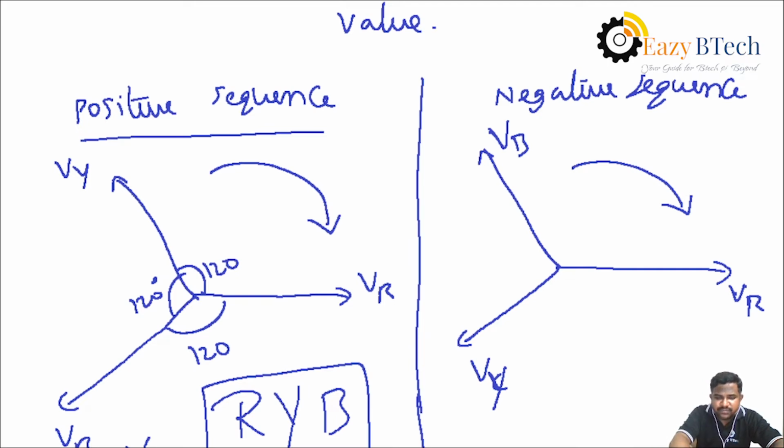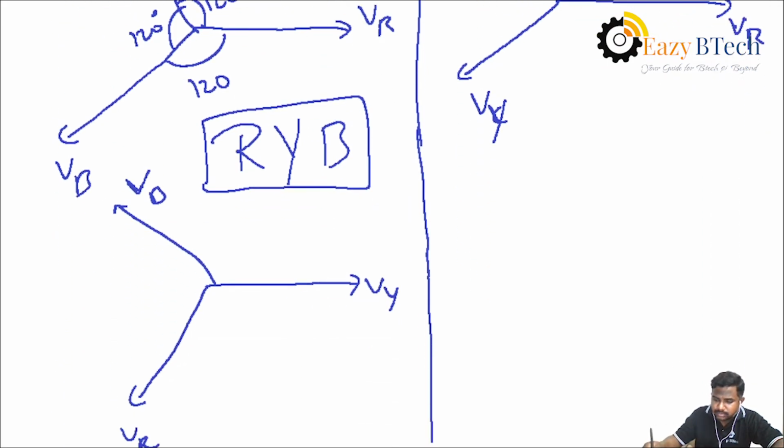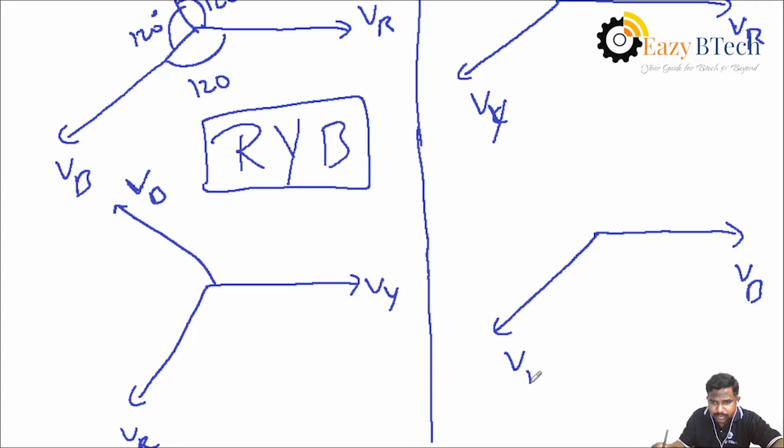In the first step, the reference is VR. In the next step, same. All three phases should be running in clockwise direction. Here VB and here VR and here VY. That is, it will be rotated again one step in clockwise direction.